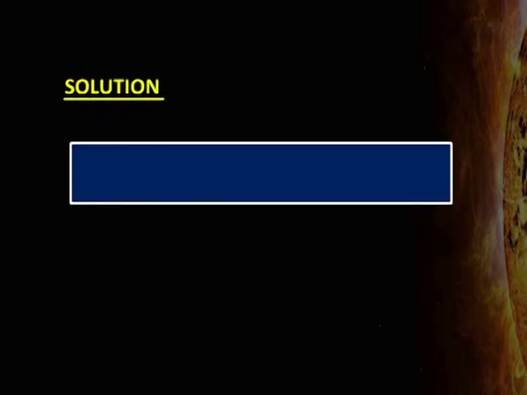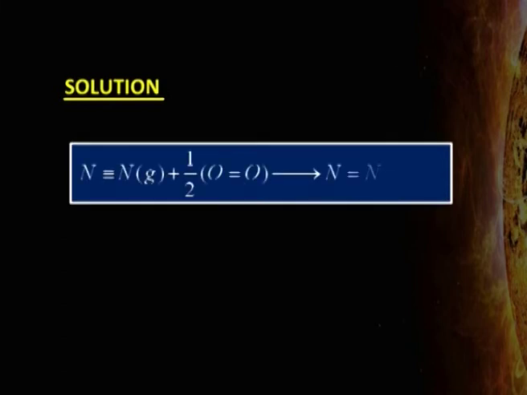The equation will be as shown here: nitrogen triple bond nitrogen plus half oxygen double bond oxygen giving you N2O, which has the structure nitrogen double bond nitrogen double bond oxygen.